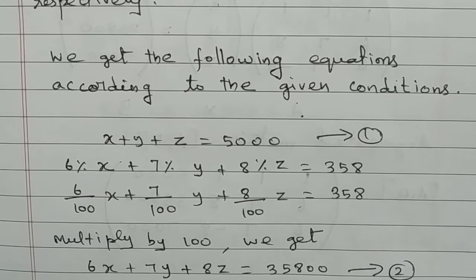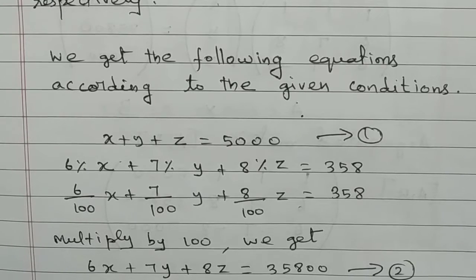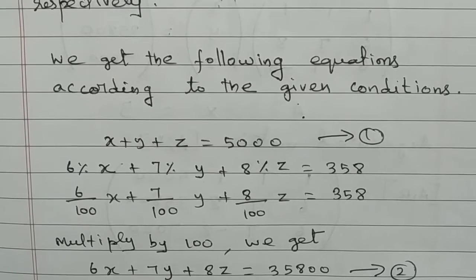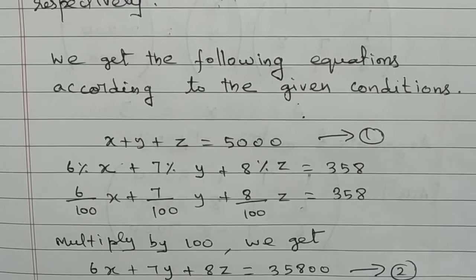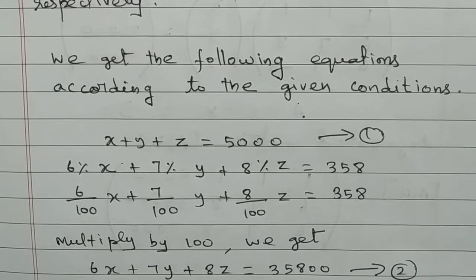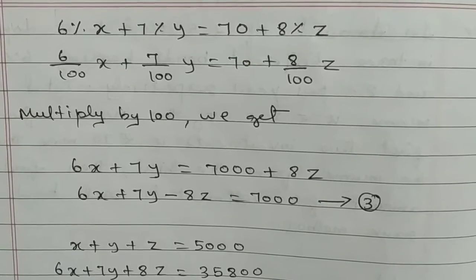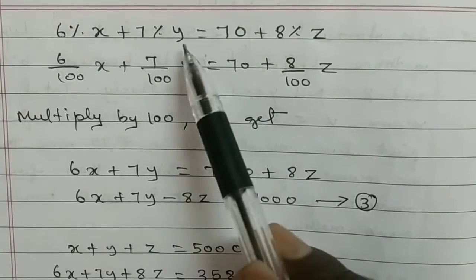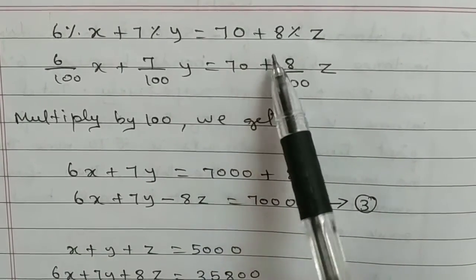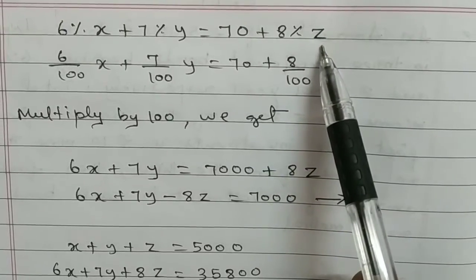So what is the third one? The income from the first two investments is more than the income from the third. So the equation is 6% of x plus 7% of y equals 70 plus 8% of z.